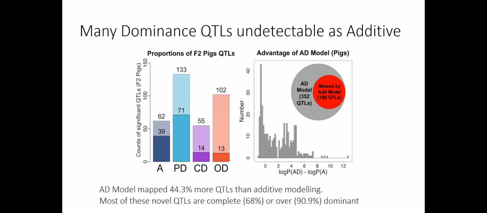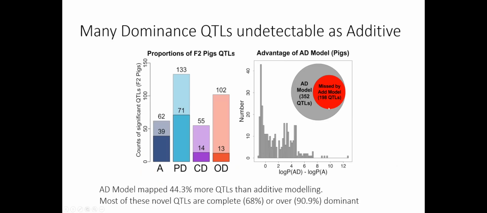Here we're looking in the pigs, and I want you to focus on the right-hand figure. What we're showing on the x-axis is the difference in log p, the measure of significance, when you fit what we call the AD model, this additive dominance model, versus if you just fitted a standard additive model. You'll notice that most of this axis is positive. So most of the time we see an improvement in statistical significance when we allow for dominance.